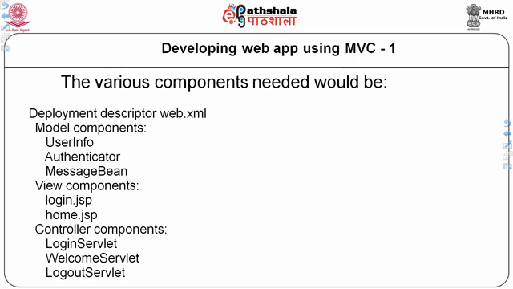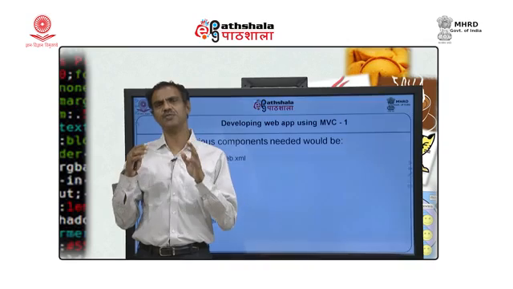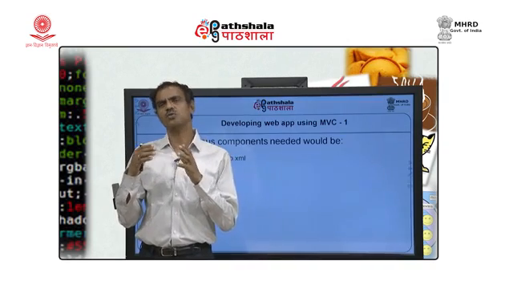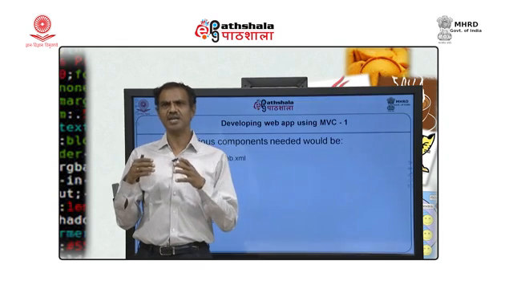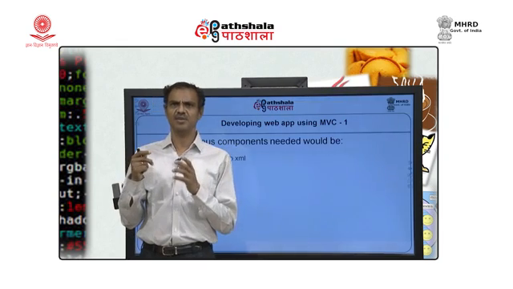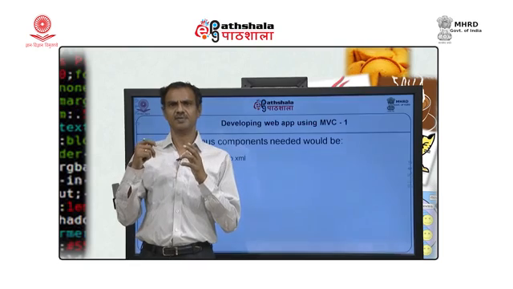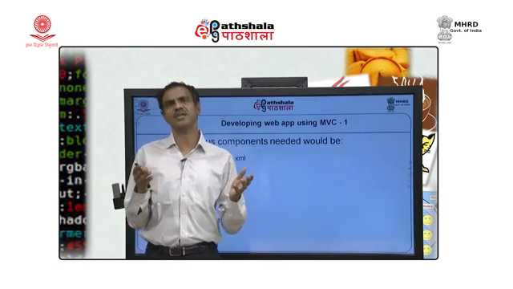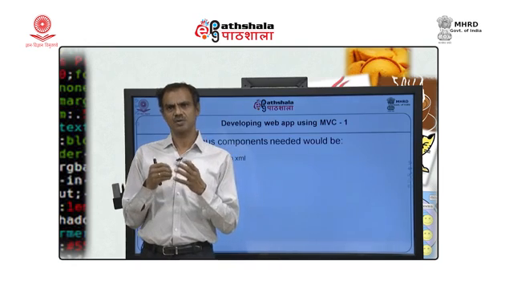So, when he just goes to the home of the application, we will have our own servlet which can do the checking for whether there are cookies for this user. If there are cookies for the user, then in that case we will be authenticating using the credentials found in the cookies.